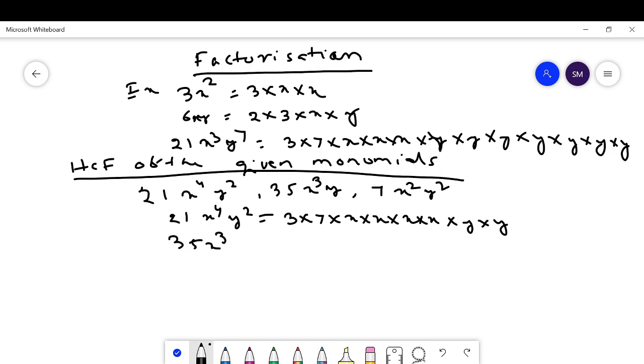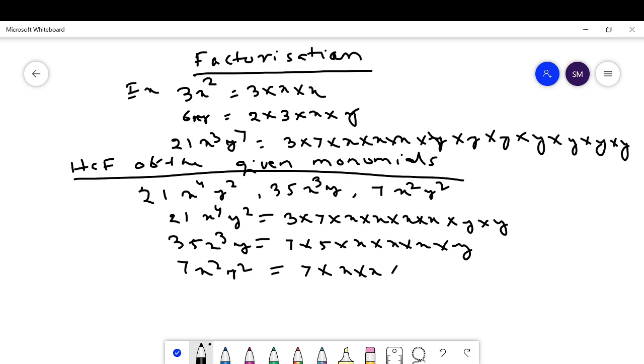35x cube y can be written as 7 into 5 into x into x into x into y. Then 7x square y square can be written as 7 into x into x into y into y.